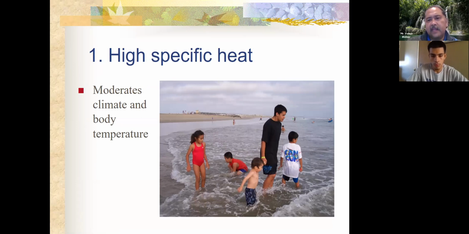Water, compared to other chemicals, has a high specific heat. What gives it such a high specific heat is, again, the polarity and the hydrogen bonding that forms between the different water molecules. And I wrote, moderates climate and body temperature.